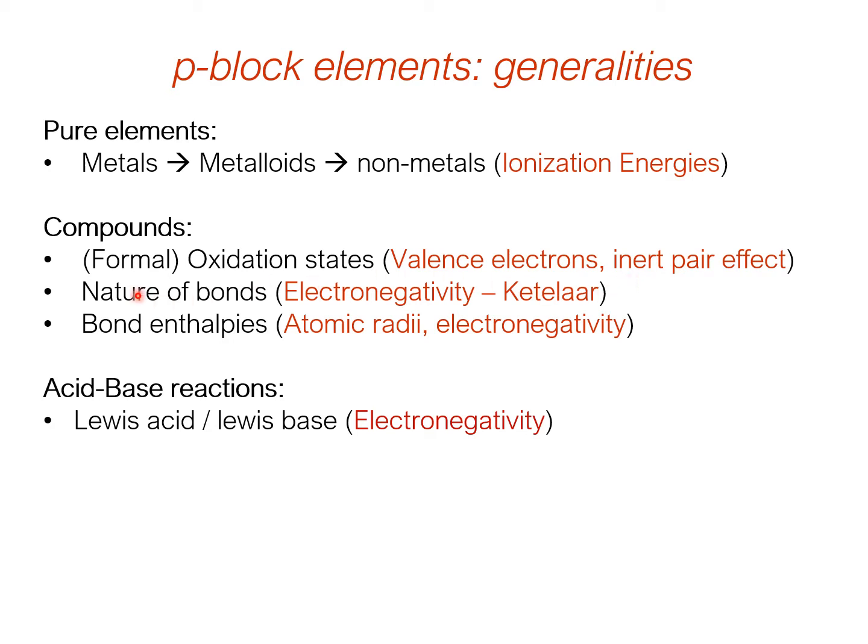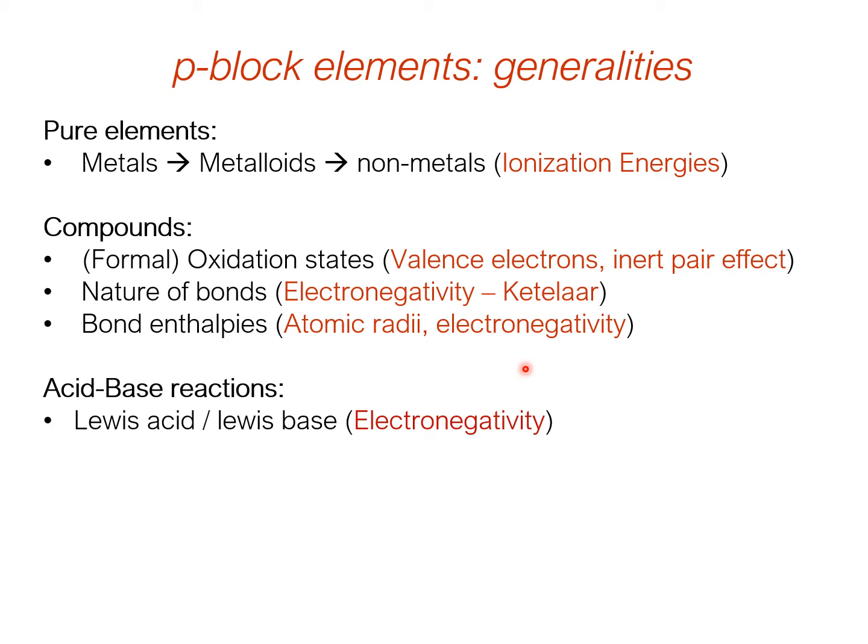The nature of bonds changes a lot in the group as well as between the groups, and this again is due to electronegativity. So we'll be using the Van Arkel-Ketelaar triangle again to predict ionic, metallic, covalent bonding. And bond enthalpies change a lot. This is due to the electronegativity and the atomic radii.